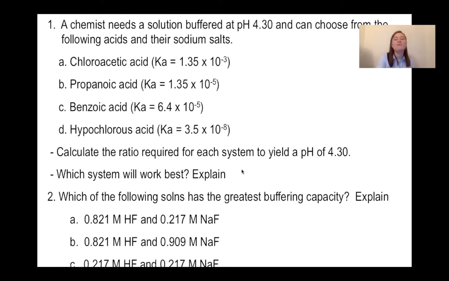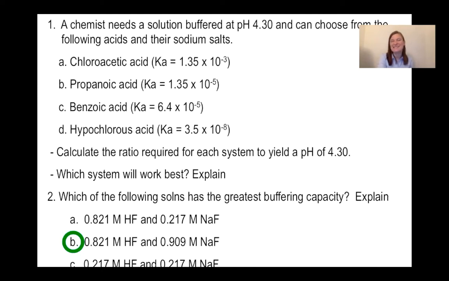Awesome. If we look at question 2, which is a different number on your problem sheet, which of these solutions has the greatest buffering capacity? We're looking for big concentrations, right? The bigger the concentrations, the better our buffer is going to be at being able to deal with adding large amounts of acid and base. So that's going to be answer choice B, right? That has the largest concentrations.